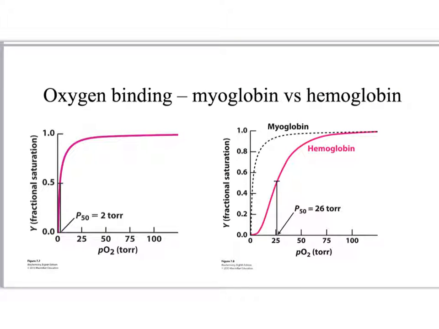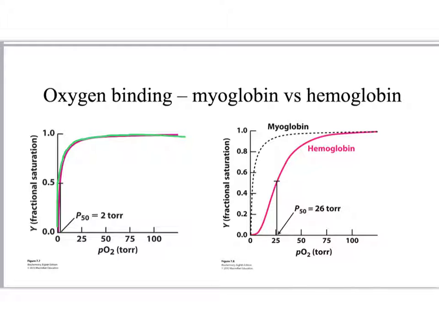Now both the myoglobin and the hemoglobin are going to bind oxygen. Myoglobin, when we look at the binding curve of oxygen, myoglobin's curve has a sharp rise and then it levels off. And we see that here on the left. Here's our sharp rise and then a leveling off of the curve. So that is what happens with myoglobin.